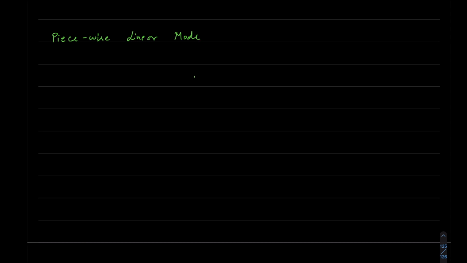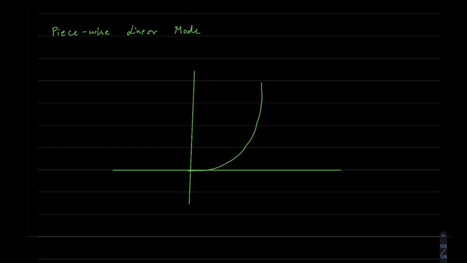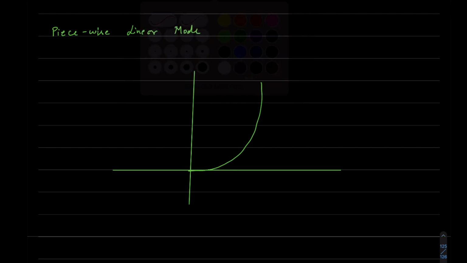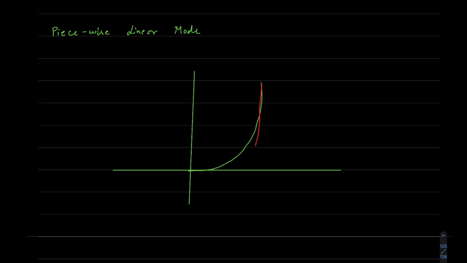So if I make an IV graph like that, so our real diode would actually, sorry for the bad line, our actual diode will go something like that, and our piecewise model will represent it somehow like this, right?